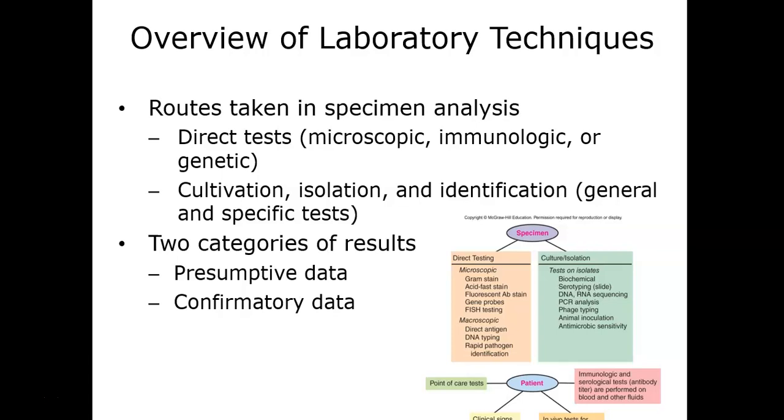We can also do cultures. We can grow them on different forms of media. We can do the genetic sampling to look at some different tests that way as well. And there's really two categories of tests. There's the initial test, which we call the presumptive test, and then there are also confirmatory tests to finalize our initial prognosis.